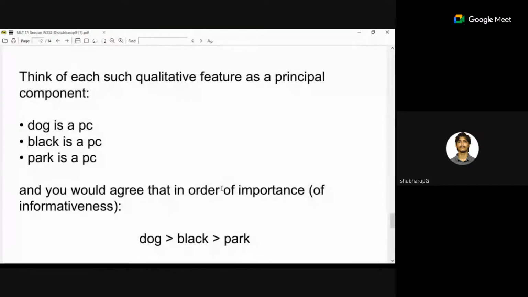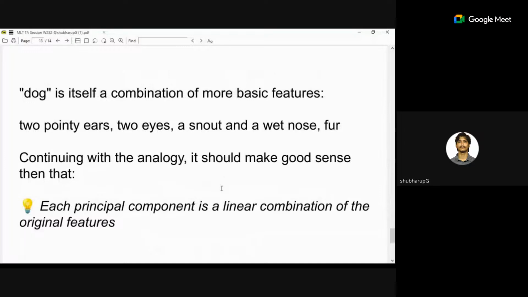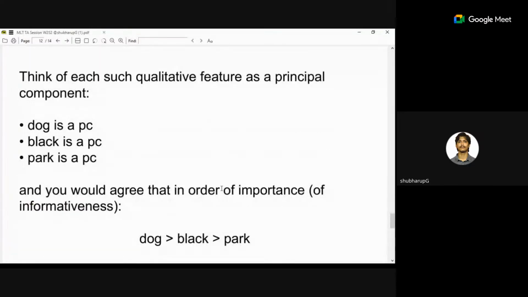Okay. So notice that I haven't included Alsatian here. That might be because Alsatian might not be a principal component. Alsatian says that it's a dog and it's black, but there might not be enough pictures of Alsatians for it to be a principal component.